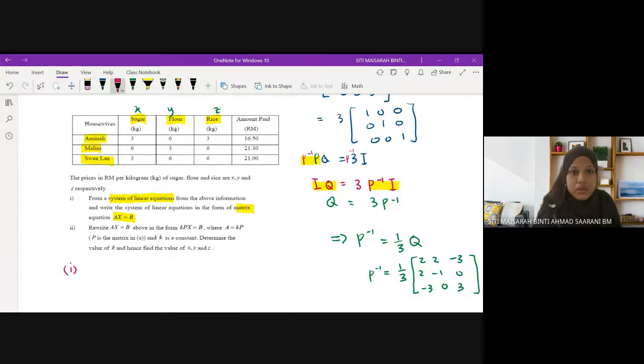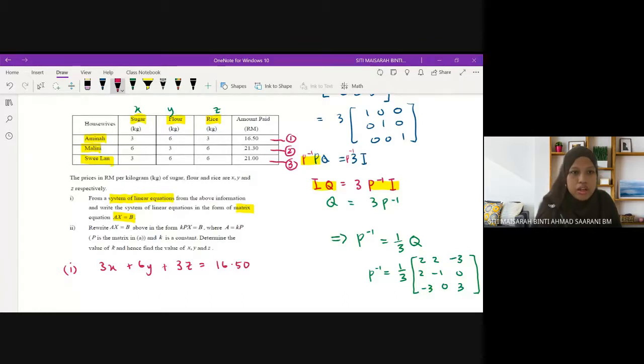System of linear equations. So this is clearly we have 3 housewives. Maksudnya one housewife ni akan jadi one equation. This is equation 1, this is equation 2, this is equation 3. So then Aminah, the first equation, is 3x plus 6y plus 3z equals to 16.50.